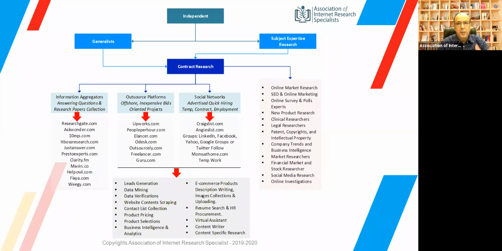It's giving us an overview of the opportunities that are out there in the research market, or you could say the opportunities for anyone starting off on their own, kind of what is out there in the market.